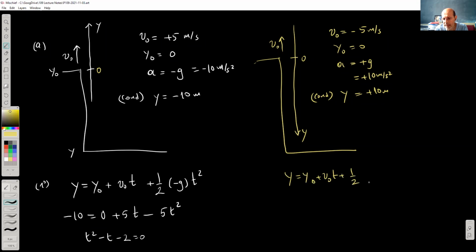But this time, the gravity has a positive y component. So position is positive, initial position is 0, velocity is -5, and the acceleration is 5. And so as a result, you get t squared minus t minus 2 is equal to 0.